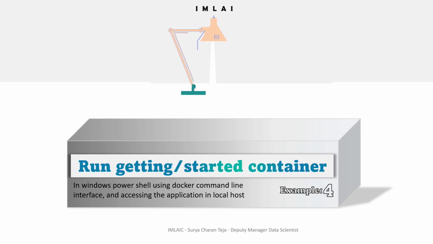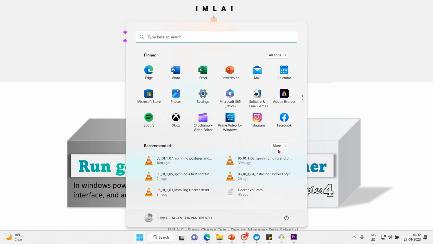So we will open the Windows PowerShell, and in Windows PowerShell we will have a Docker command line. We will give the Docker commands there, and we will run the container, and the container should be built and should appear in Docker Desktop. Let's do this exercise, and then we will host that similar application on our local host machine, and we'll see. Okay, so let's get into that.